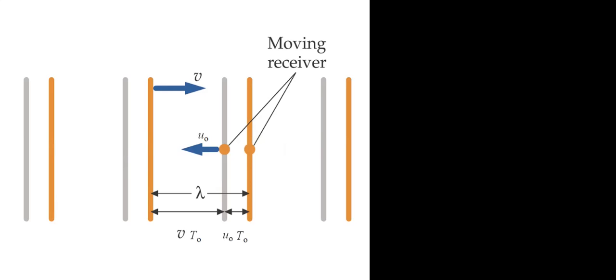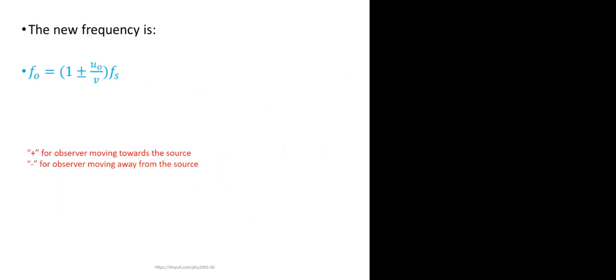So that's consistent with the frequency change as well. If you put that into an equation, this is the new frequency you get: f_O equals 1 plus or minus u_O divided by v, times f_S. Now, u_O is the speed of the observer, because in this case the observer is moving. V again is the speed of sound.